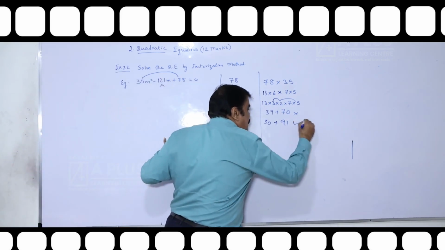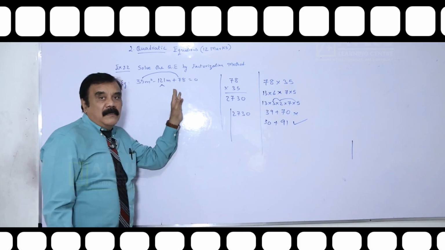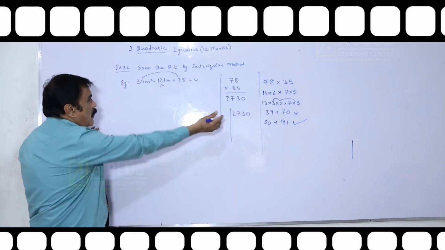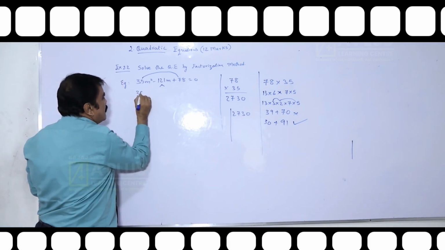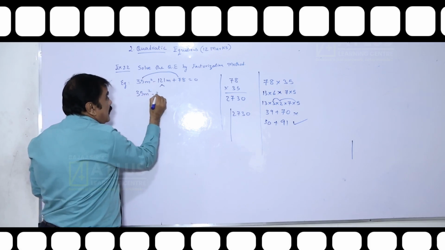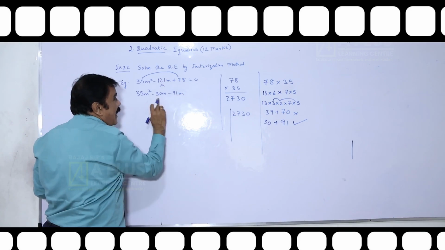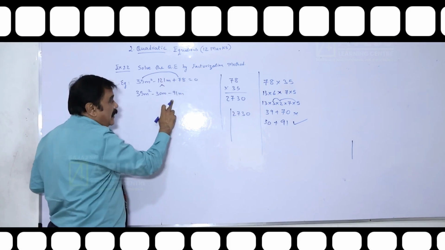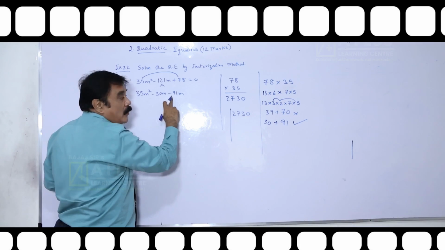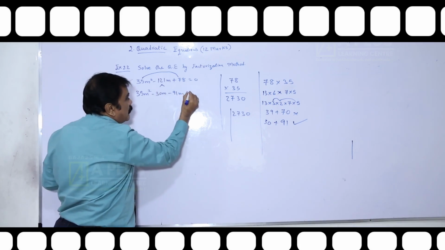Yes. So this is my middle term. So you take 35m square minus 30m and minus 91m. Why have I taken it this way? Because here we have to add. 30 plus 91 gives me 121, and this is plus 78.